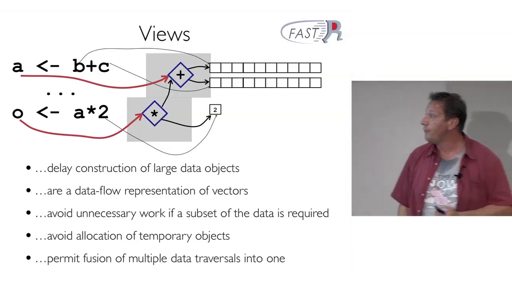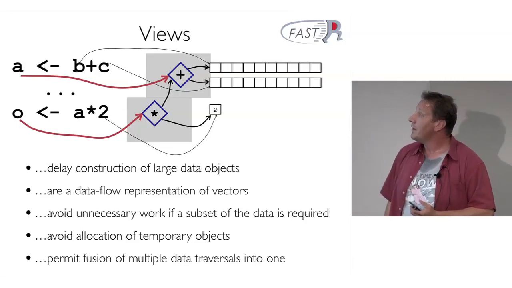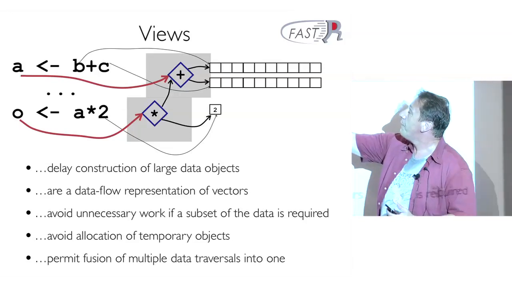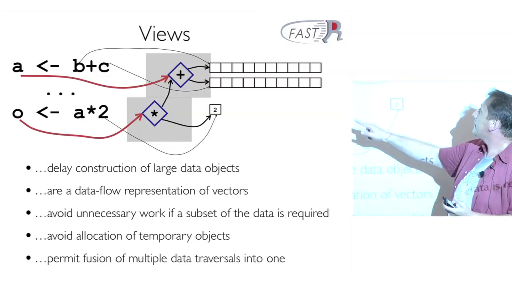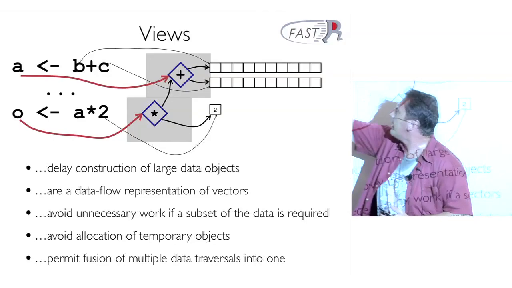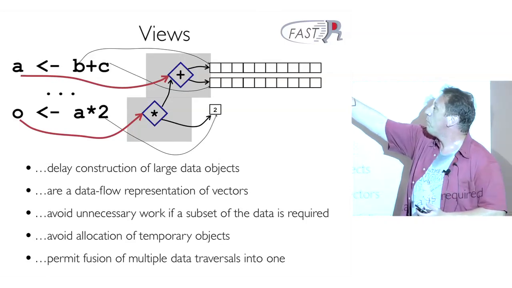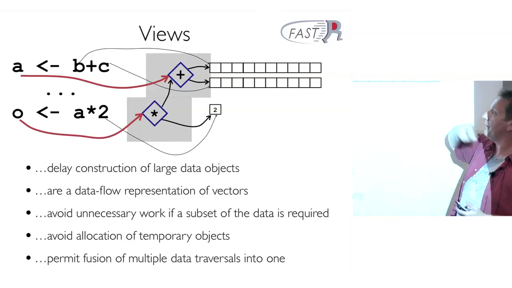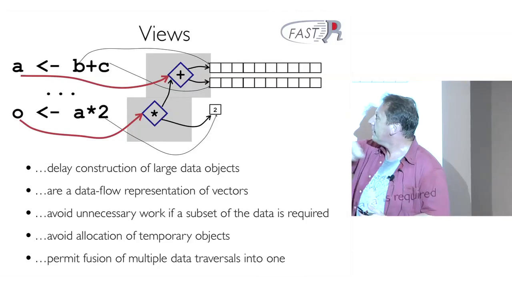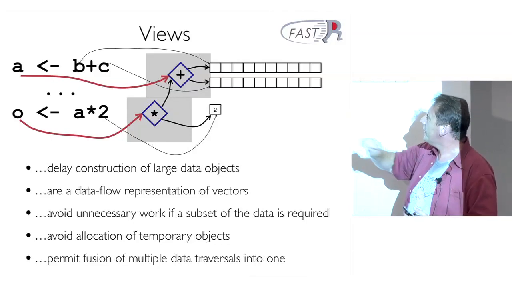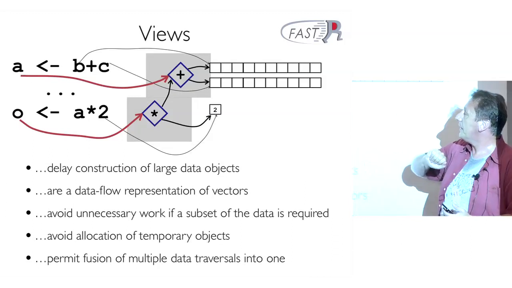So we have something called views, and basically a view is a delayed operation. This A here is pointing to a node that says, aha, you want a plus on these two vectors. These two vectors are not going to change, so I don't need to worry, and I will delay this until I need to.